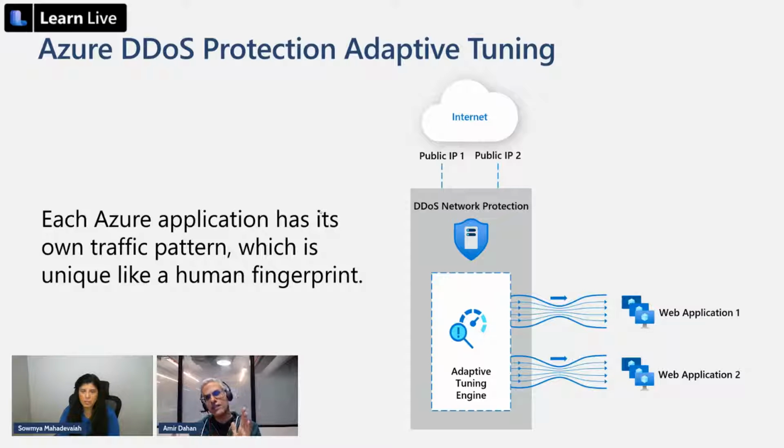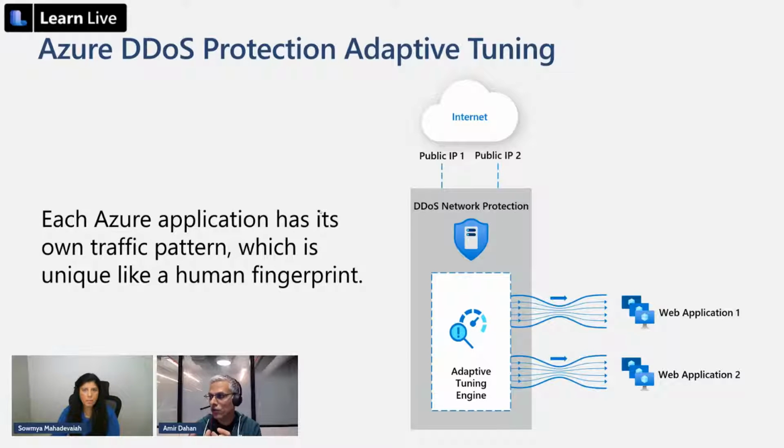It gets two inputs. The first one represents the application posture, for example, how many virtual machines at the backend are used to construct the application. And the second input is the traffic baseline in peacetime.